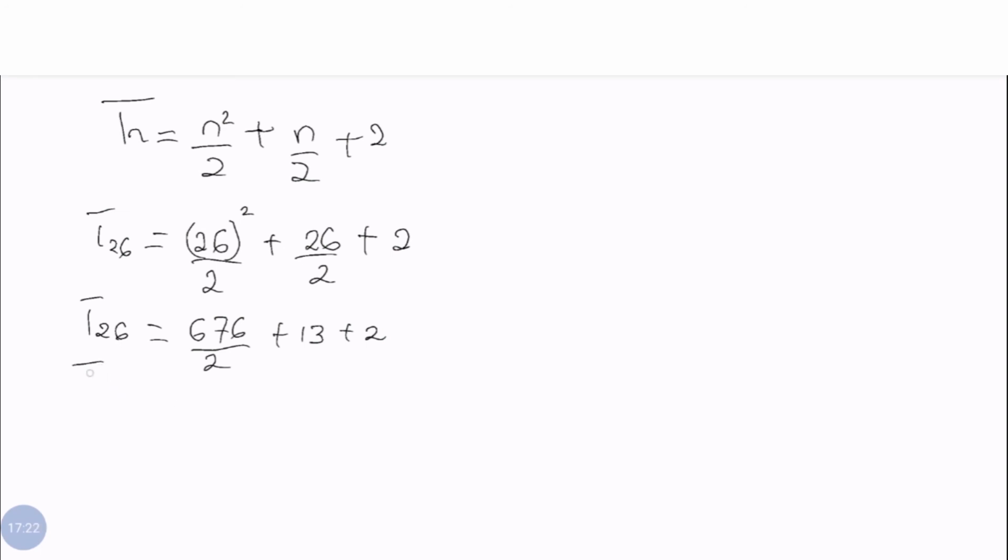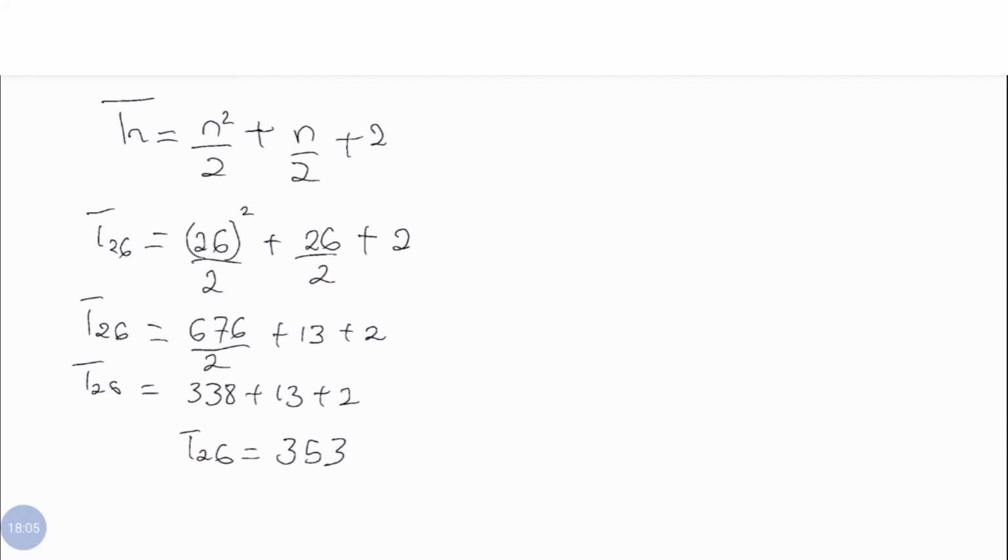So now T26 is equal to 676 divided by 2, that is 338, plus 13 plus 2, such that T26 is equal to 338 plus 13, that is 351, plus 2, that is 353.